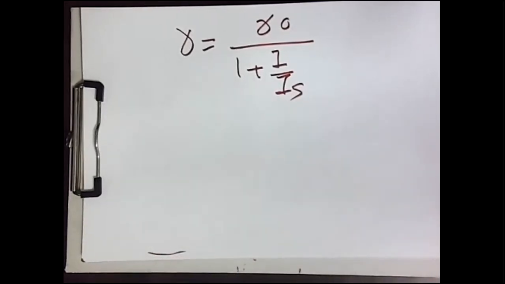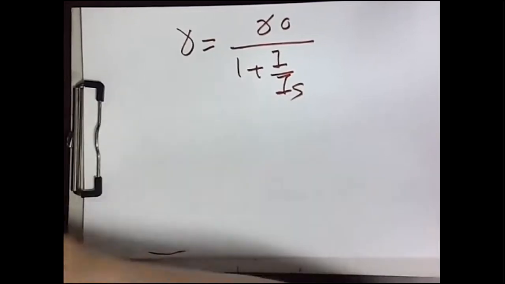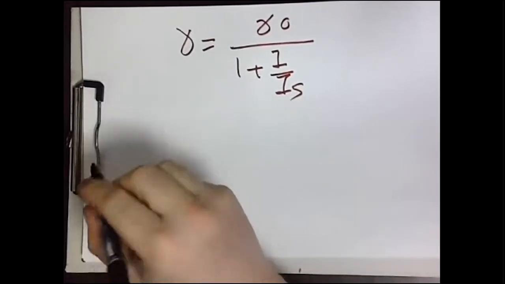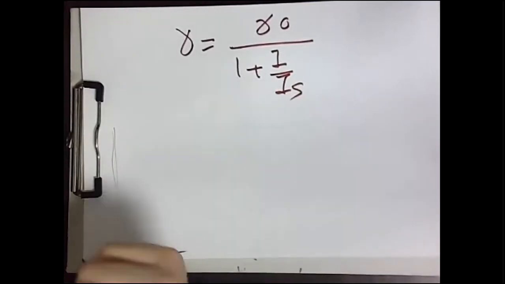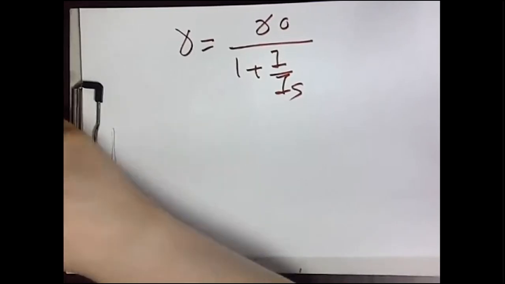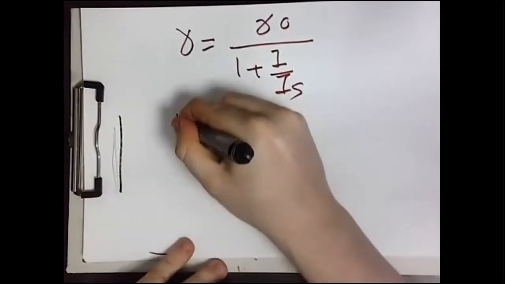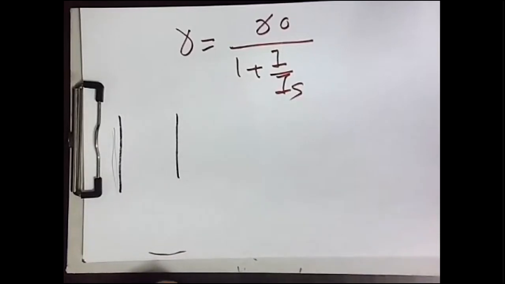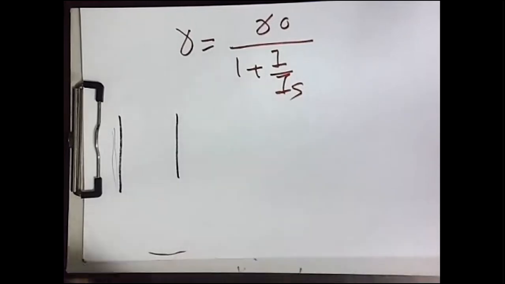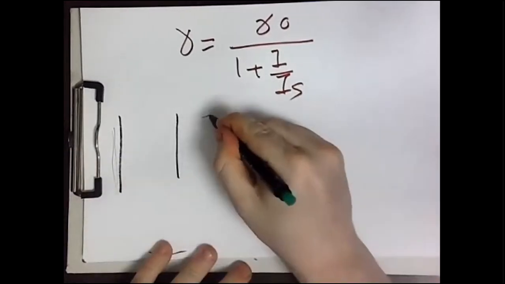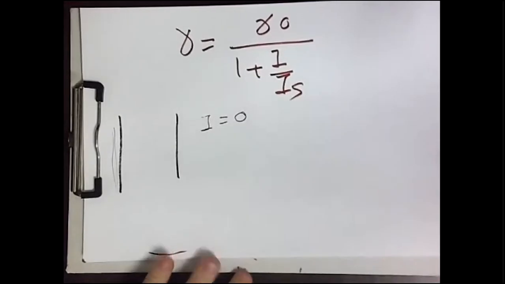So let's start to think about this equation. Assume now that you have your cavity. If you remember, we said that this cavity will be initiated or seeded by a very, very small intensity in the beginning of the cycle. So let's assume that in the beginning, I is equal to 0. Perfect.